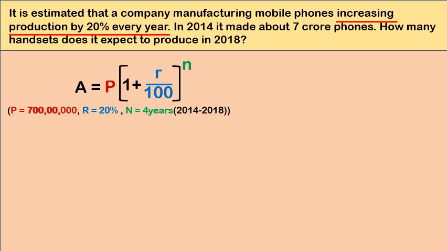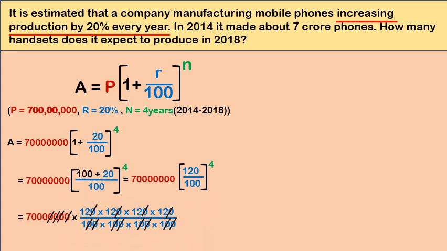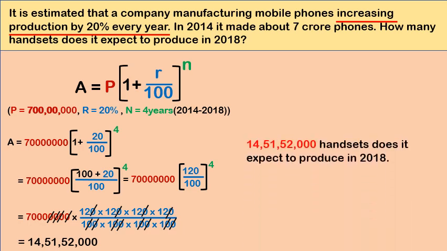Then substitute to the formula. We will get 7 crore into 1 plus 20 by 100 all raised to 4. Then simplify. We will get 14 crore 51 lakh 52,000 handsets. So we can say 14 crore 51 lakh 52,000 handsets it expects to produce in 2018.